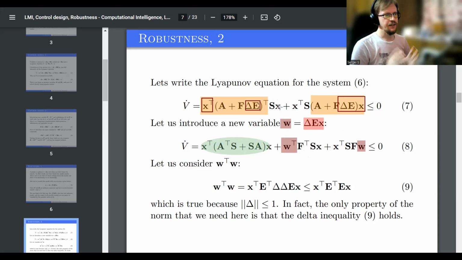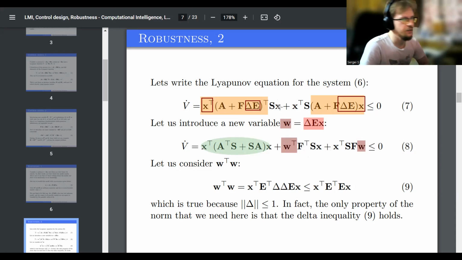So this is an LMI so far with respect to S. The only problem is that it has two variables, so it's not an LMI but a quadratic form. We could write it as an LMI quite easily, as we'll see in a bit.